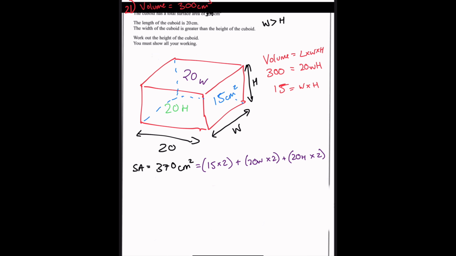Let's simplify that as much as possible. So I can get rid of this 30 from here: 340 equals 40 times the width plus 40 times the height.